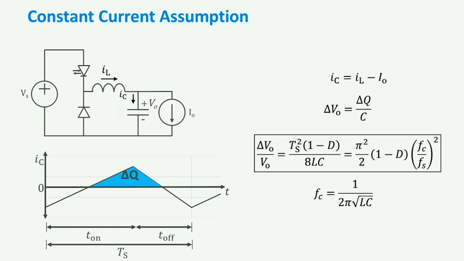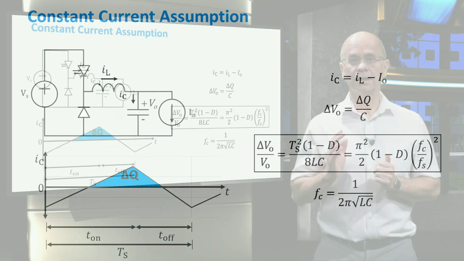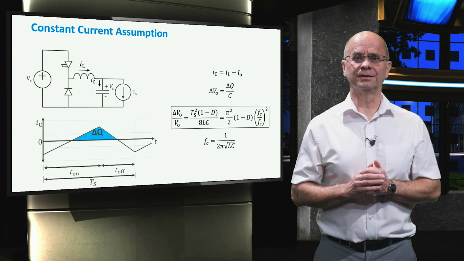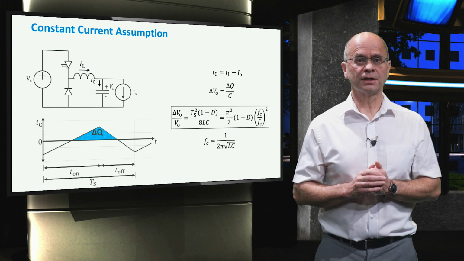This is because of a proportionality equal to the square of the ratio of these two frequencies. This means that our assumption of a constant output voltage should be very reasonable. This assumption, however, relies on the converter operating in continuous conduction mode.